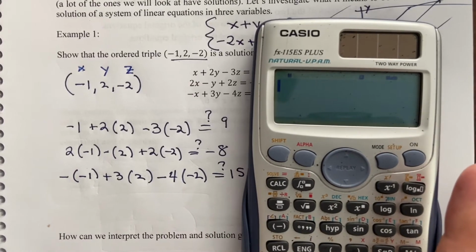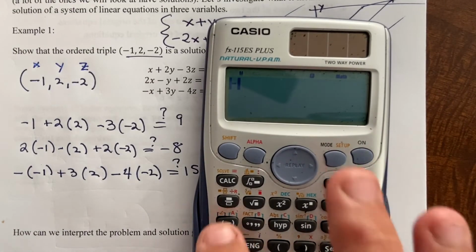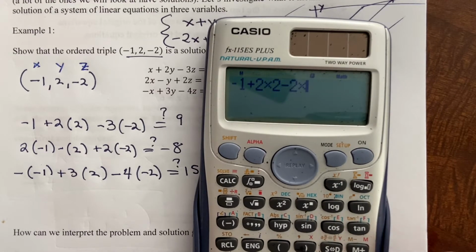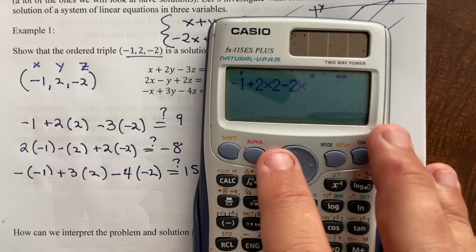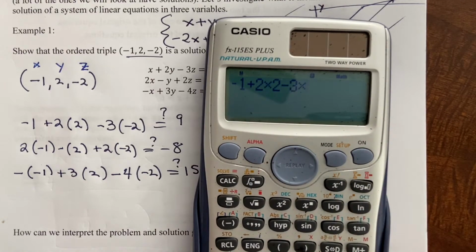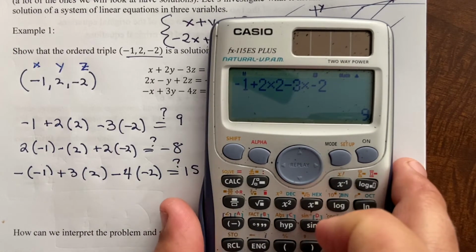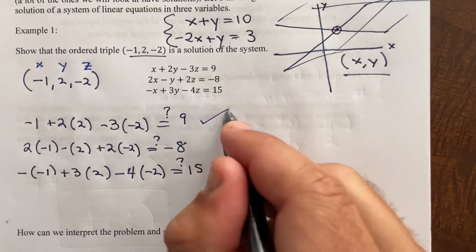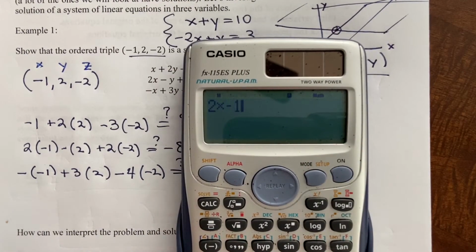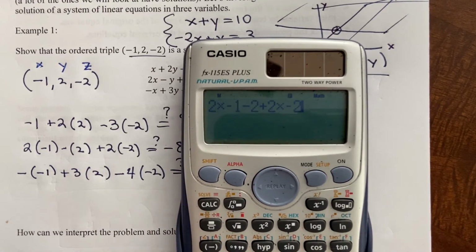So -1 plus 2 times 2 minus 3 times, looks like I hit 2 actually, didn't I? So minus 3 times -2, this should be a 9, good. So this one's true. 2 times -1 minus 2 plus 2 times -2.